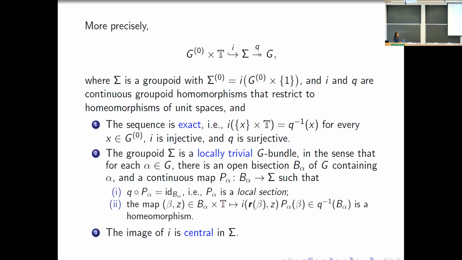So basically, that's what a locally trivial bundle means. This definition looks rather complicated, but if you prefer a continuous two-cocycle, then you can just take your two-cocycle, and it will give rise to an example of such a more general twist on the groupoid.